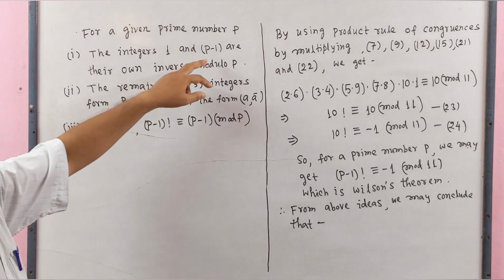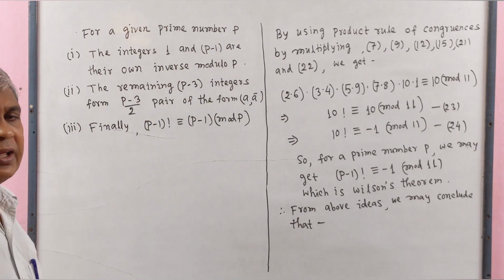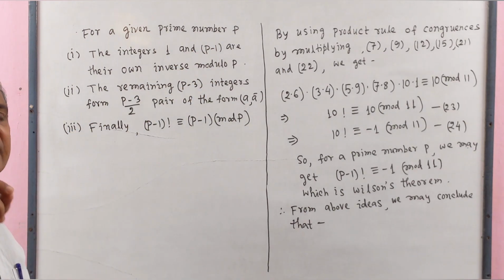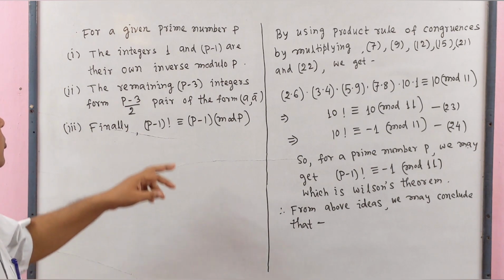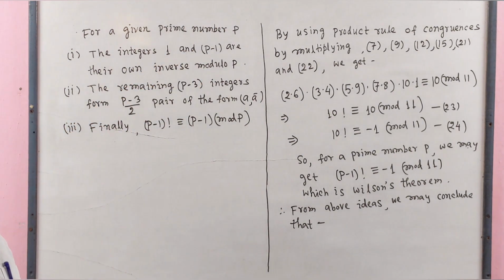Here we have p minus 1 integers. If we subtract 2, meaning the numbers 1 and p minus 1 are removed from this list, then the remaining number of integers is p minus 3.